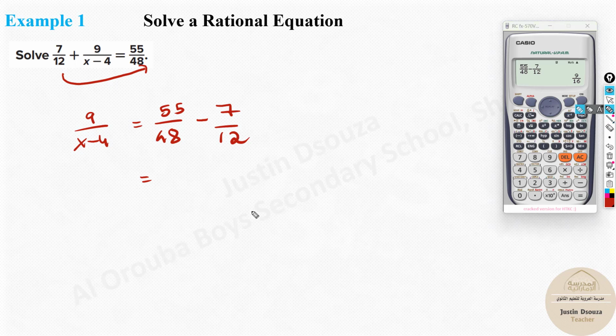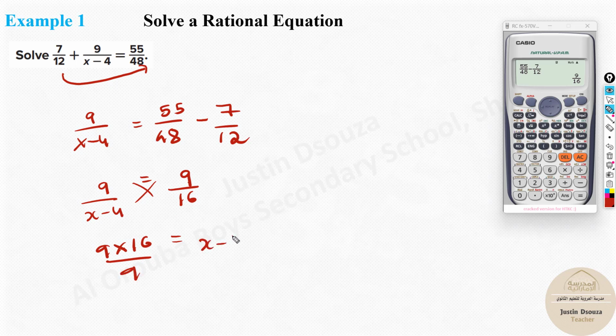So let me write it out over here. It'll become 9 by 16, and on the left side we have 9 by x minus 4. Now you can just cross multiply. Whatever is in the denominator goes up to the other side. It will be 9 by 16 equals... Now I will take this down here because I can bring all the numbers together. So I'll just divide this by 9 and x minus 4.